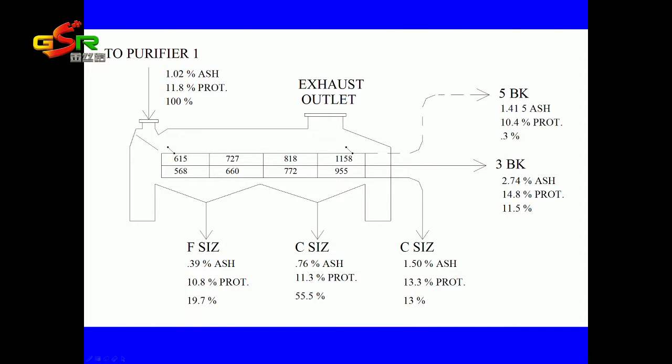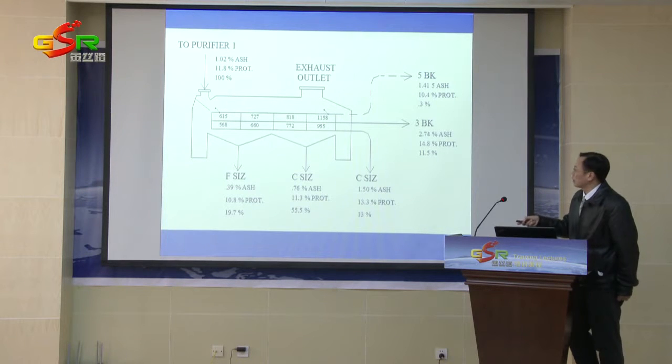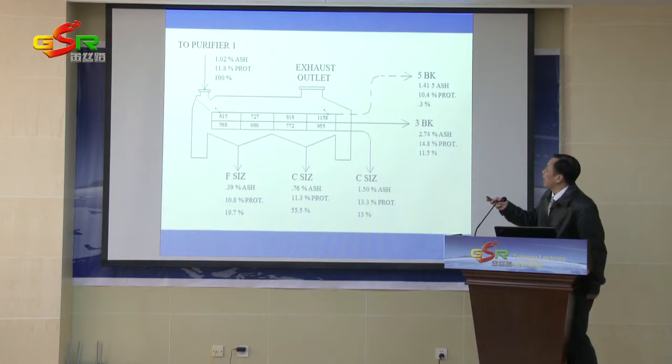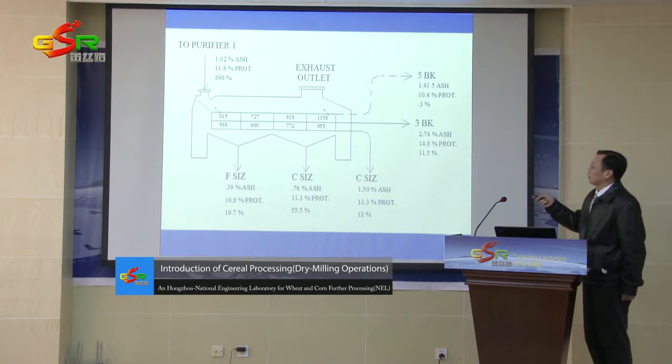Besides, we use not only the sieve to separate material according to size. In the complicated milling system, we also use the purifier to separate the material, using the air to separate the material according to density and size.